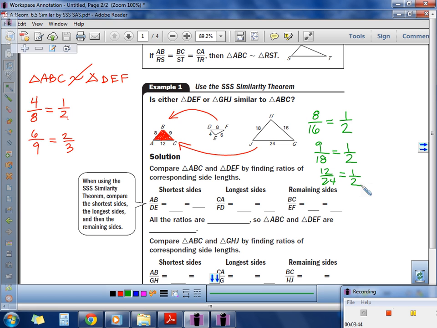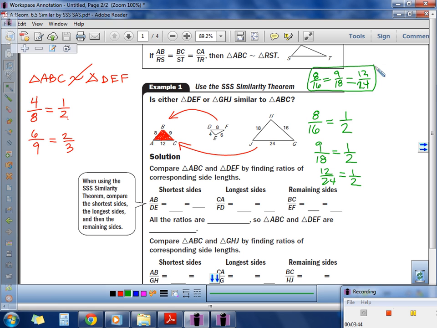Since they simplify to the same fractions, then we know all the sides are proportional. And you could have written it like this. We could have said 8/16 equals 9/18 equals 12/24. This is kind of how the theorem or the postulate was written out. And that would have been just fine.